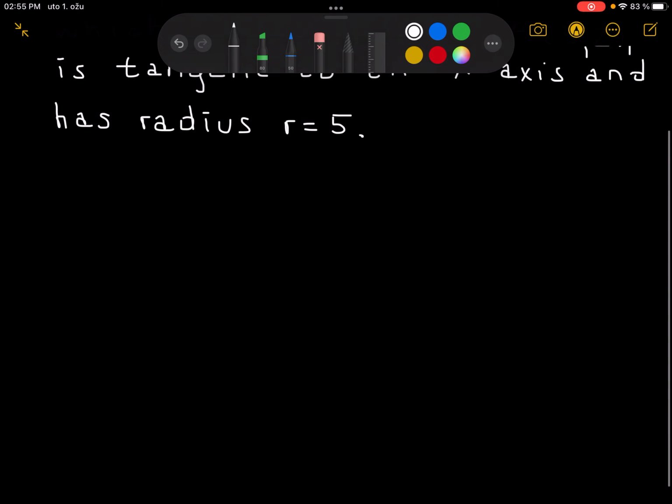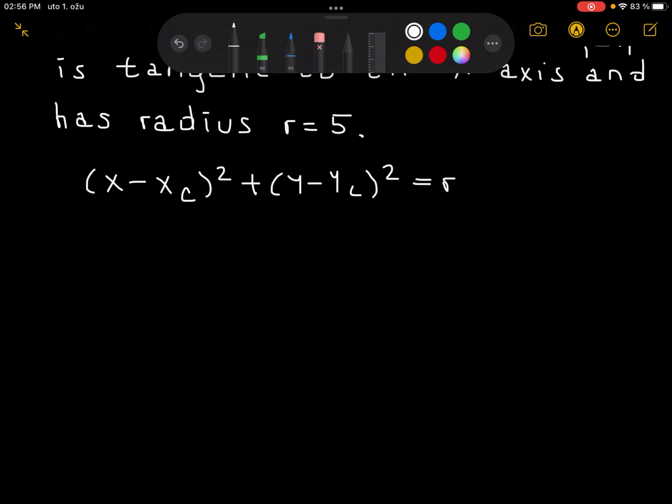Okay, now the general form of the equation of a circle is x minus xc squared plus y minus yc squared is equal to r squared.